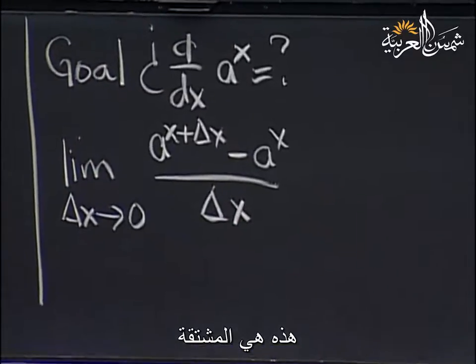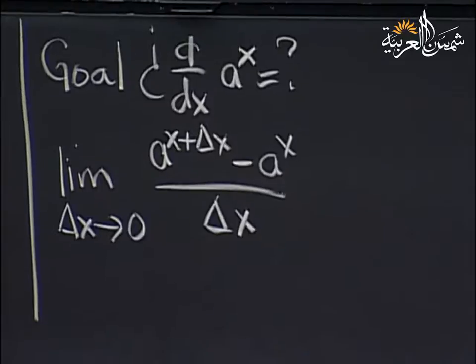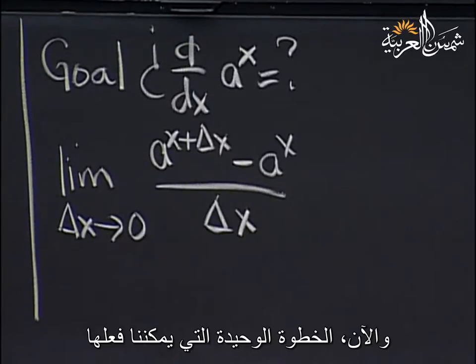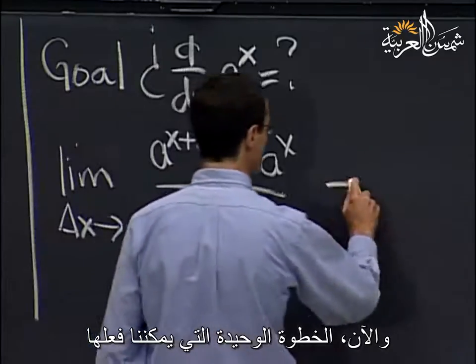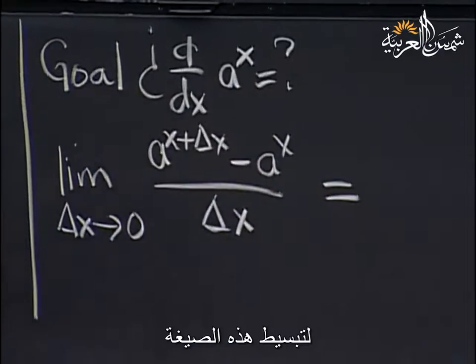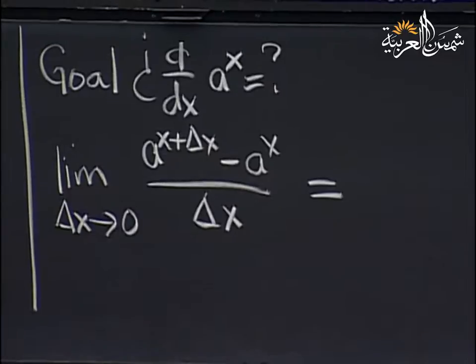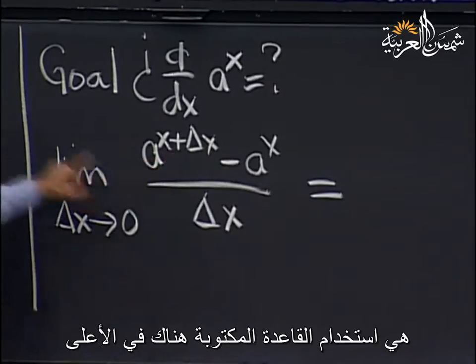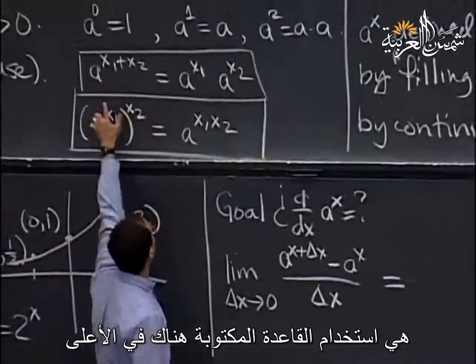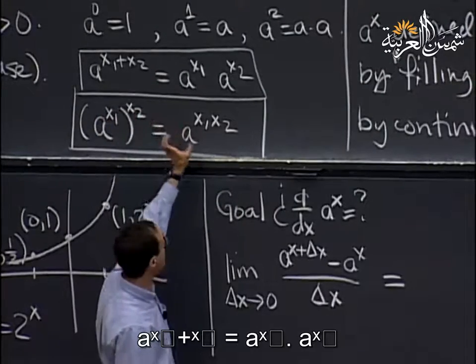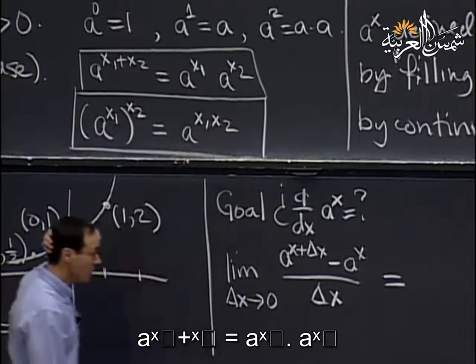So that's what it is. And now, the only step that we can really perform here to make this into something a little bit simpler is to use this very first rule that we have here, that the exponential of the sum is the product of the exponentials.